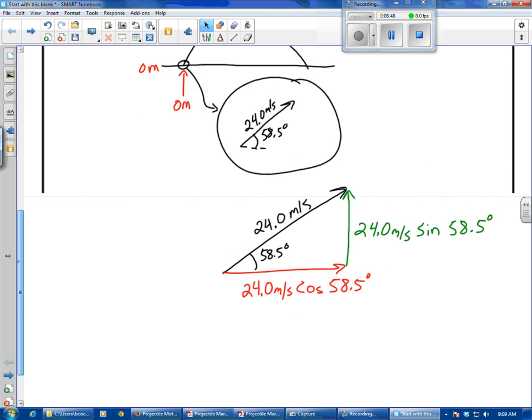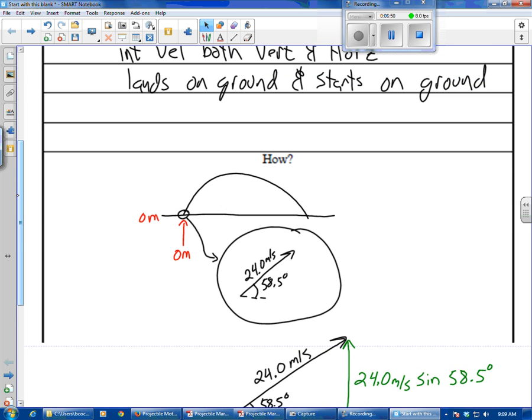Looking at our diagram, which one is more controlling of the time? The fact that it has to leave the ground and come back to the ground, that's the vertical, or the fact that it starts horizontally here and moves out some distance? It's asking for the amount of time, so I want to think about which one's more restrictive. I would say the vertical is my best guess.